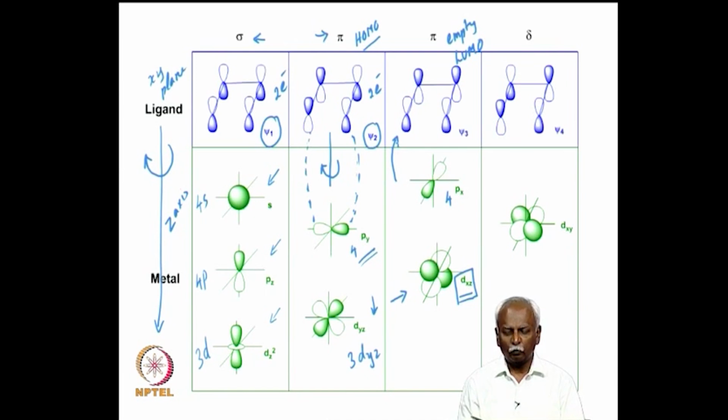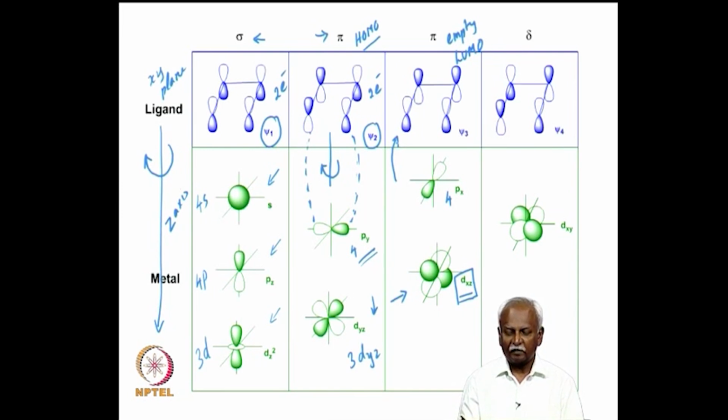Again you will notice that this is a pi type of interaction, because if you rotate either the metal or the butadiene with respect to the other along the z axis, then you will end up breaking the interaction between psi 3 on the butadiene and the metal. And so, this is again a pi type of orbital.